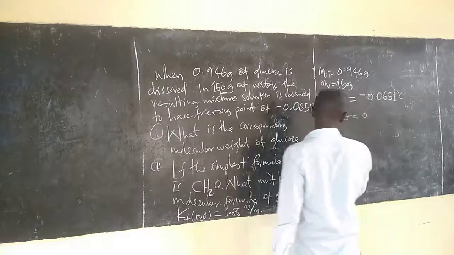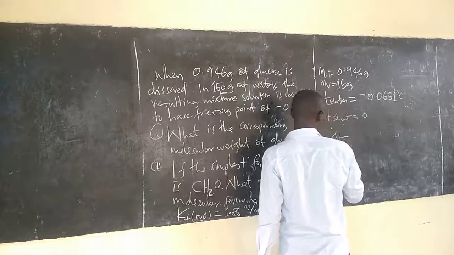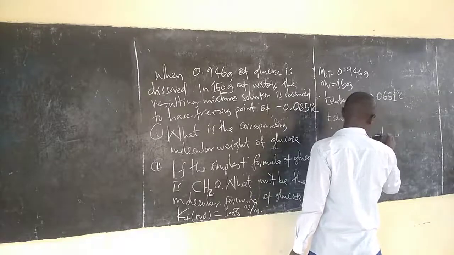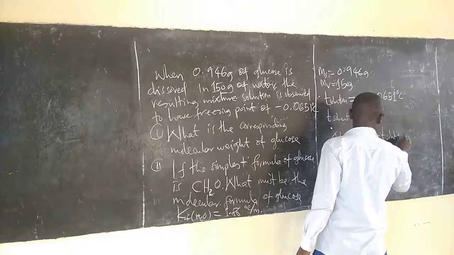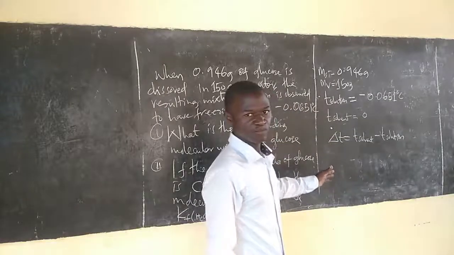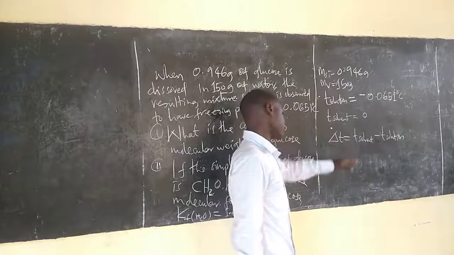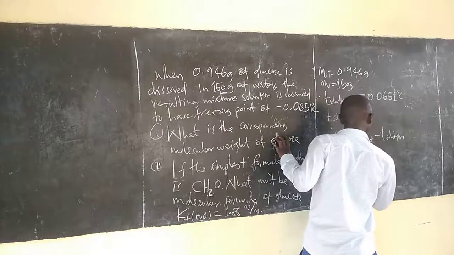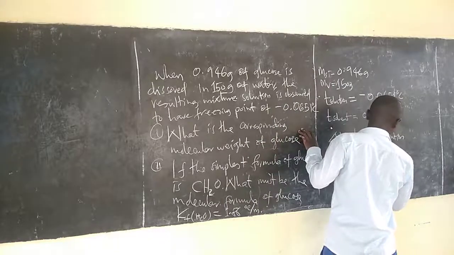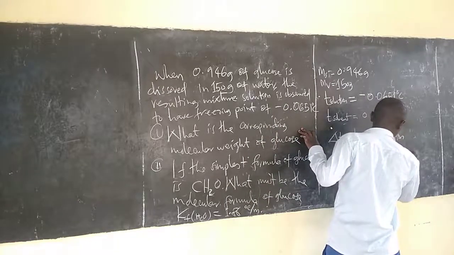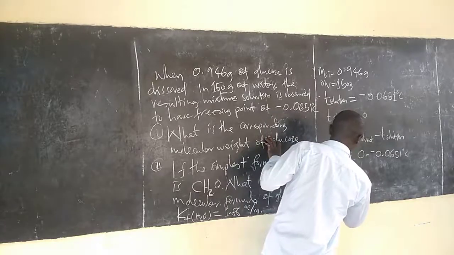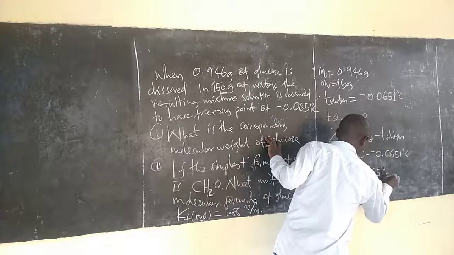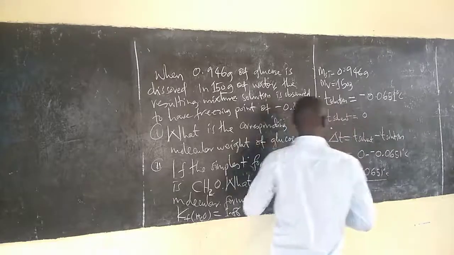That is to say, change in T is equal to T of solvent minus T of solution. So change in T will be temperature of solvent minus the solution. That is to say, 0 minus negative 0.0651 degrees Celsius. We will get 0.0651 degrees Celsius as change in T.